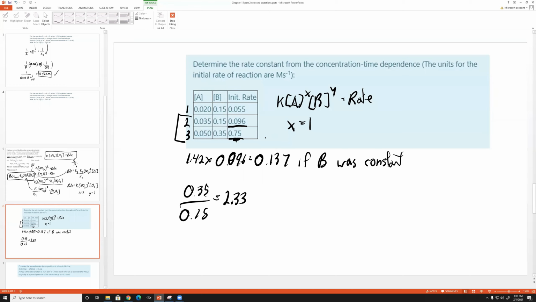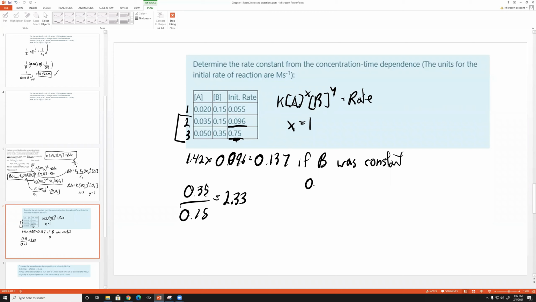All right. So if B was first order and A was first order, that means if they both double, the initial rate should quadruple because it doubles for each one. But in this case, let's say A multiplied by 1.42, that corresponded to a rate increase of 1.42 times the rate 0.096. The remaining rate increase to go to 0.75 is due to B. So when B changed by multiplying by 2.33, what did the rate do?